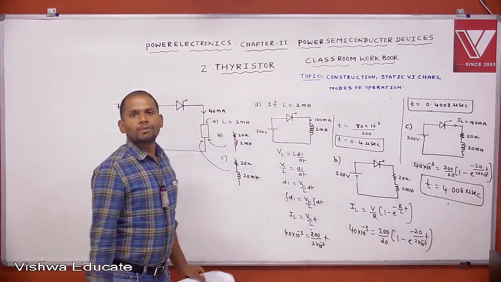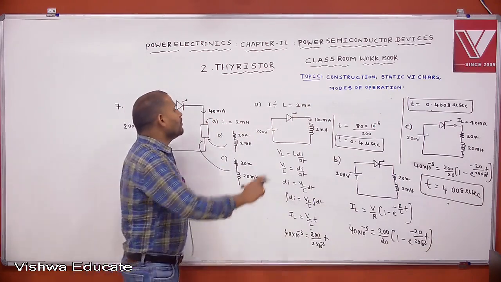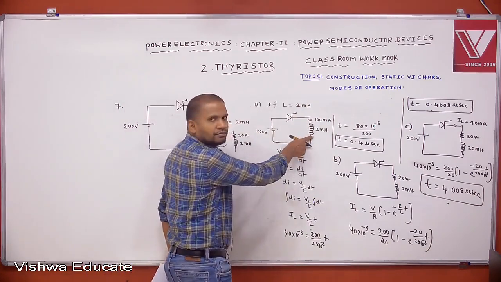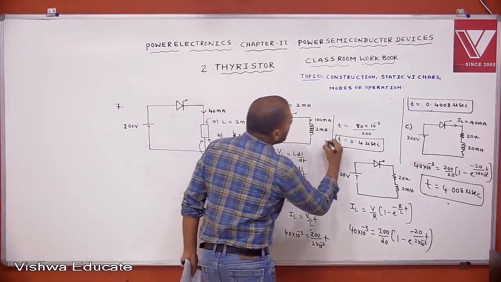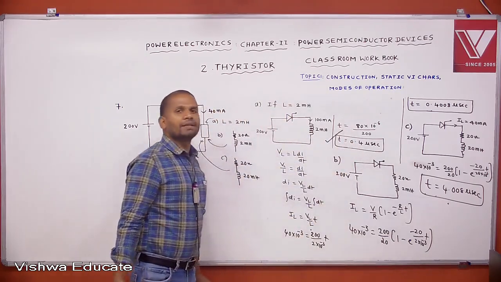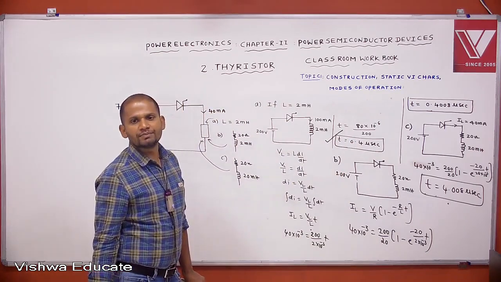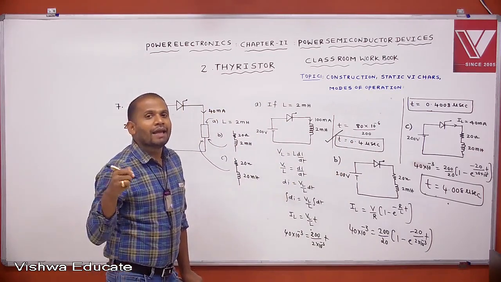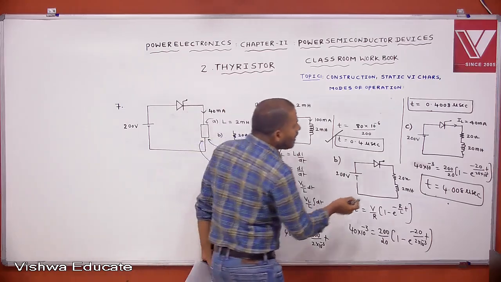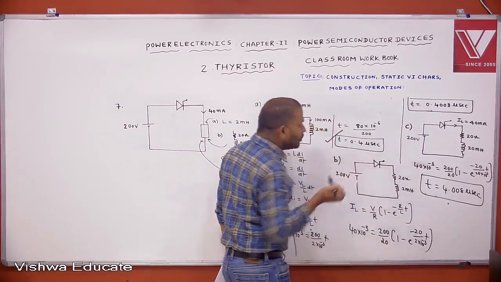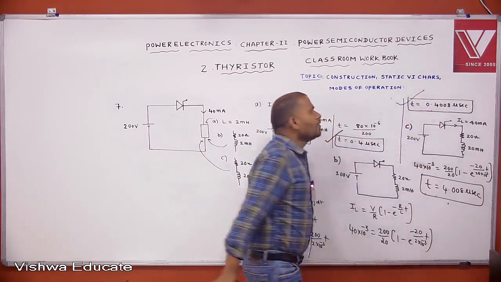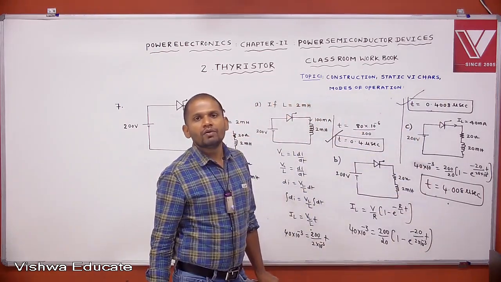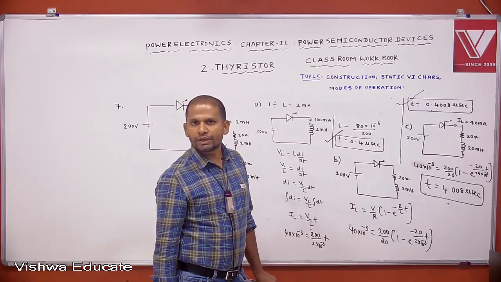Okay, this is the problem. If only inductance of 2 millihenry is connected, the minimum gate pulse width for reliable turn on is 0.4 microseconds. If R is 20 ohms and L equals 2 millihenry, then the minimum gate pulse width for reliable turn on is 0.4008 microseconds.